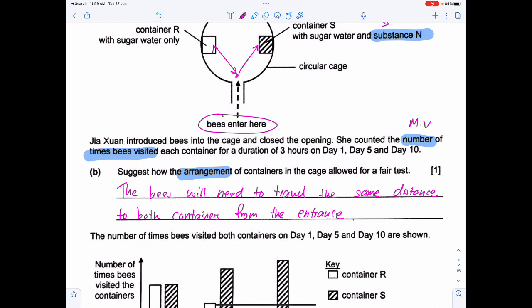Right? Okay, so what am I looking for? Point of reference. So just by saying that they are of equidistance, right, does not make sense. Where is the point that they are equal? From the point of entrance here.